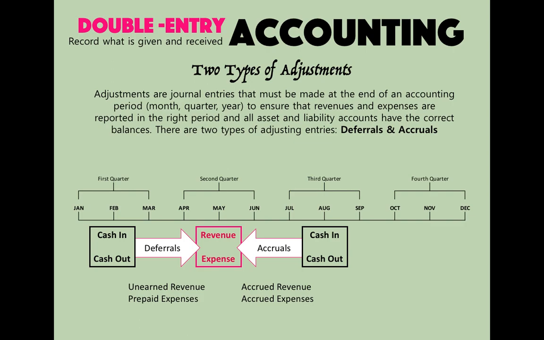These are accrued revenues and accrued expenses. Two types. So, accruals and deferrals, both adjustments, different perspective. Okay? They both need to be made because the revenue and expense must be recorded in the second quarter, right? Not in the first quarter and not in the third quarter. Otherwise, we'd be violating revenue recognition and expense recognition.